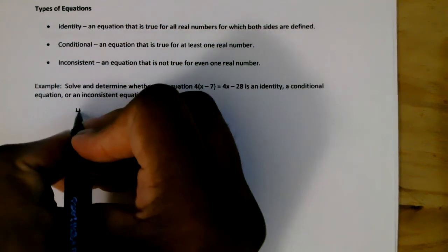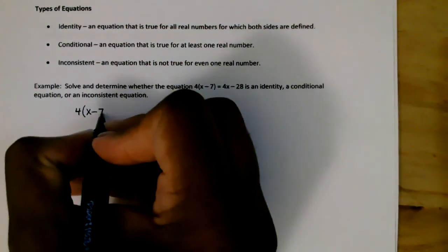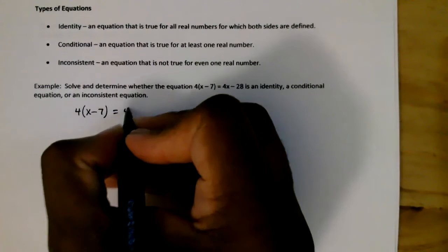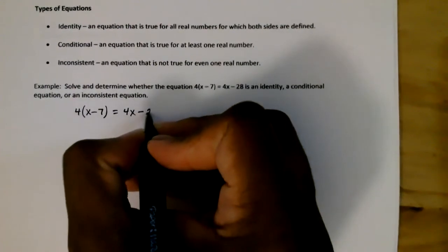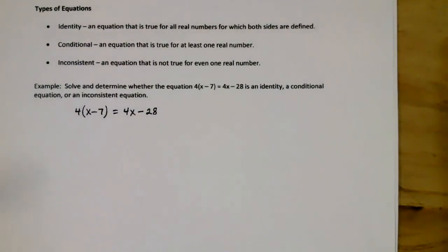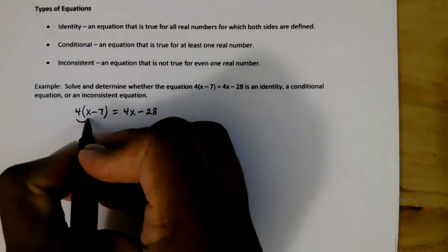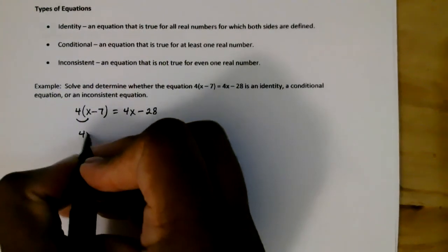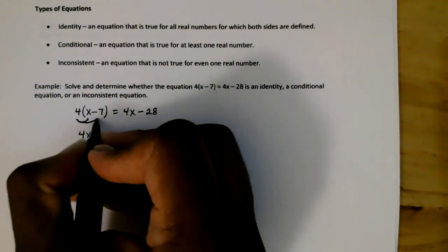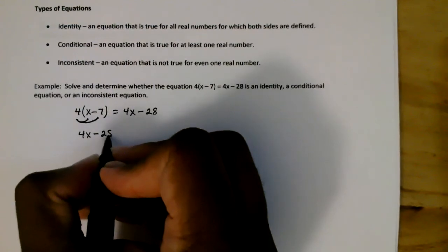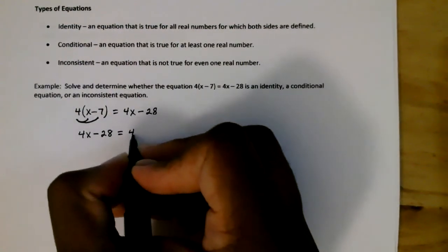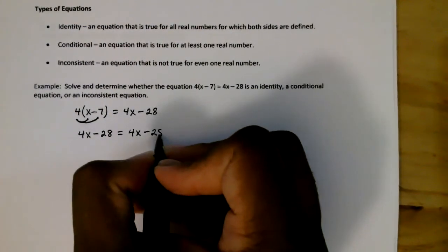So here I'm going to write my equation out. And then if I use the distributive property on the left side, this will be 4 times x, which is 4x, minus 4 times 7, which is 28. And that's equal to 4x minus 28.